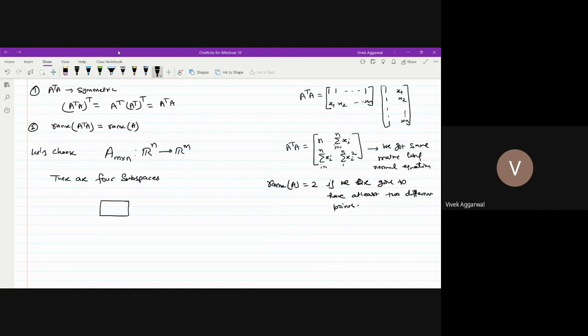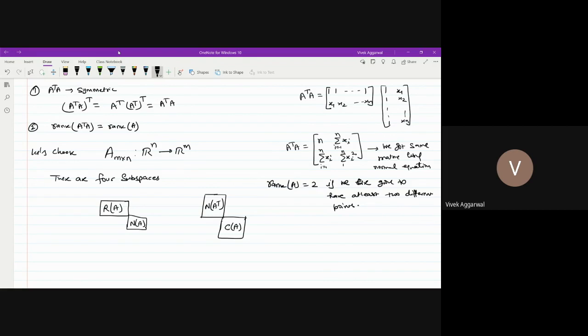That is the row subspace of the matrix A, and this is the null space of the matrix A. On the other hand, I have the null space of the matrix A transpose, and we have the column space of the matrix A. So these are the four subspaces that are always associated with any matrix of order m cross n.